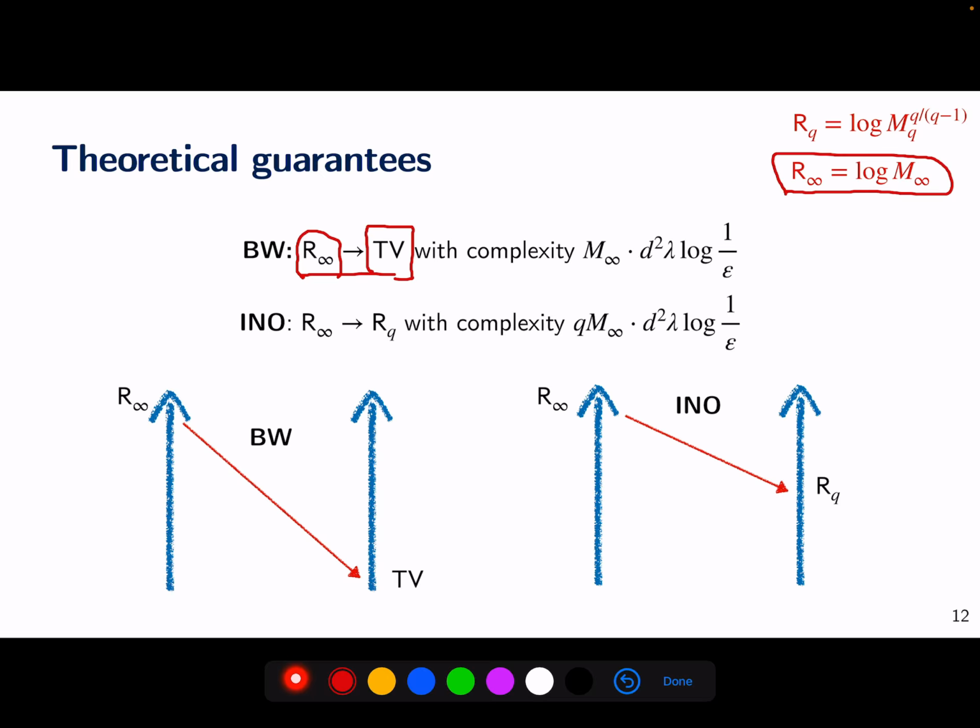So in order to get a TV distance guarantee, your initial warmness should be Rényi-infinity, and then the final query complexity is given by this one. But on the other hand, In-and-Out's initial warmness is still Rényi-infinity, but the final guarantee is given in Rényi-q. And it looks like this.